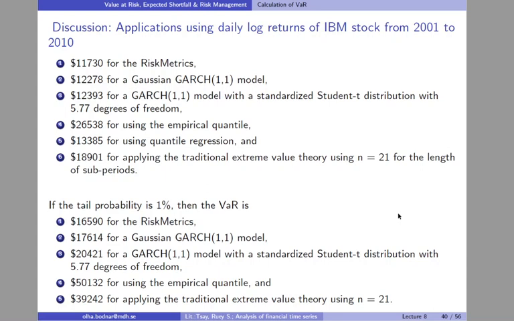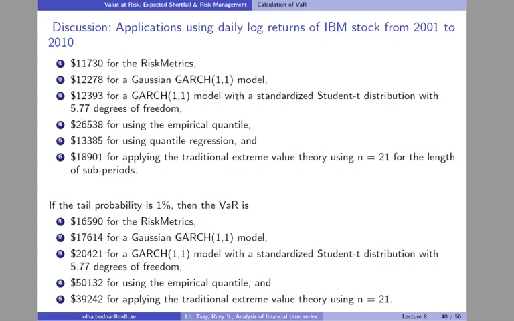The reason I have used the same example here is so we can compare different applications, different models, and what results they bring. So for risk metrics, value at risk is this number over here. For Gaussian GARCH(1,1) model is this number over here.